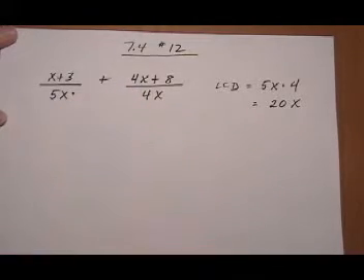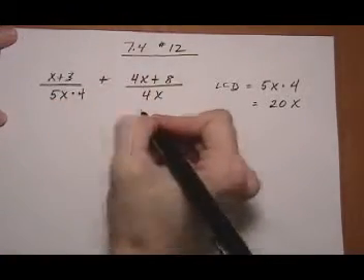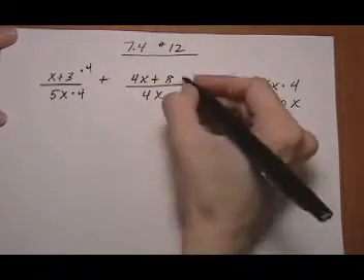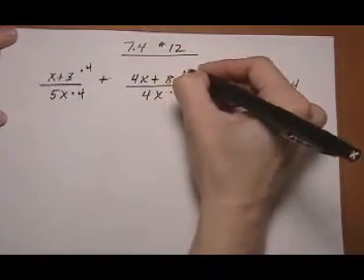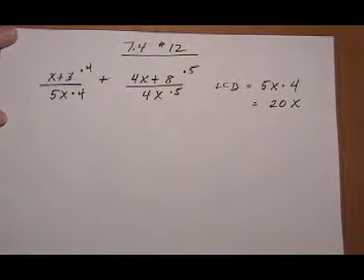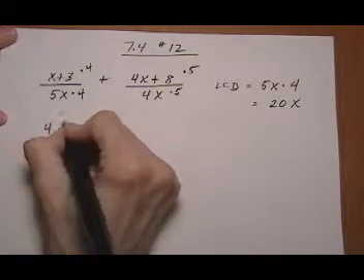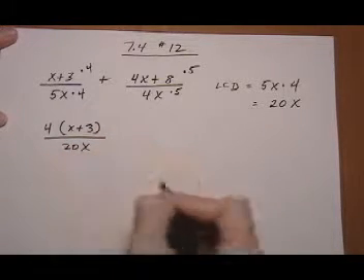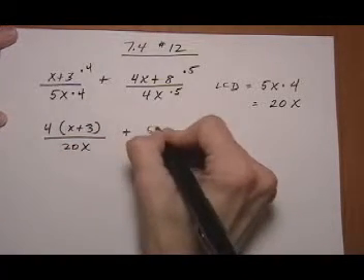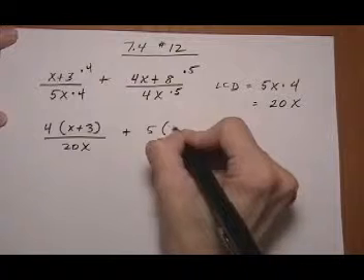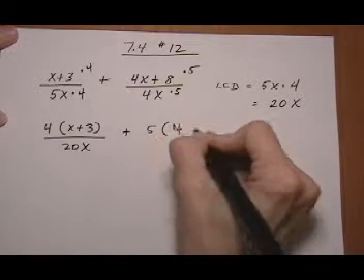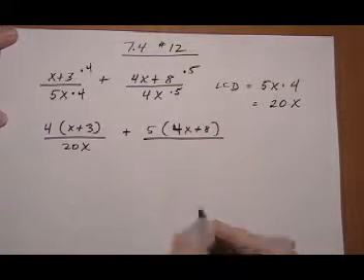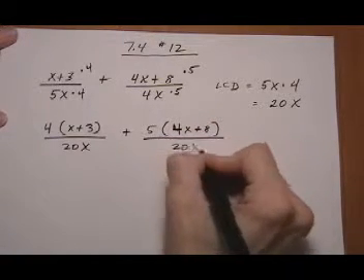So the 5x we would need to multiply by 4, do the same to the top, and the 4x we would need to multiply by 5, do the same to the top. So that gives us 4 times x plus 3 over 20x plus 5, and the entire numerator is being multiplied by the 5, and that's why I'm putting parentheses. So 5 times 4x plus 8 over 20x.